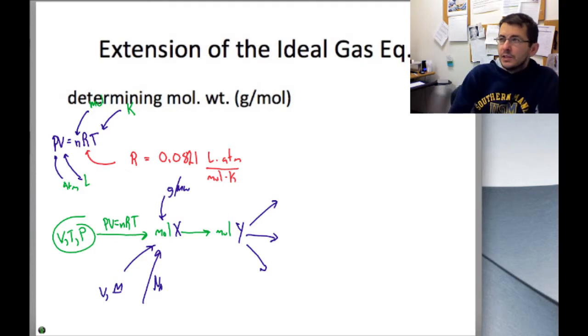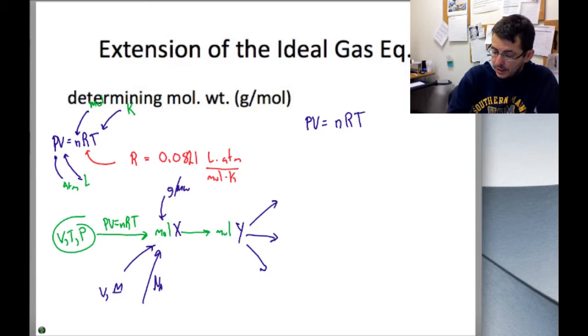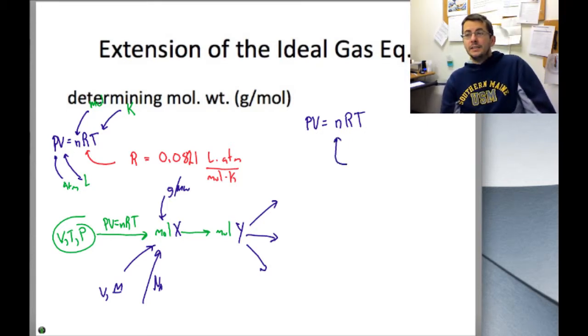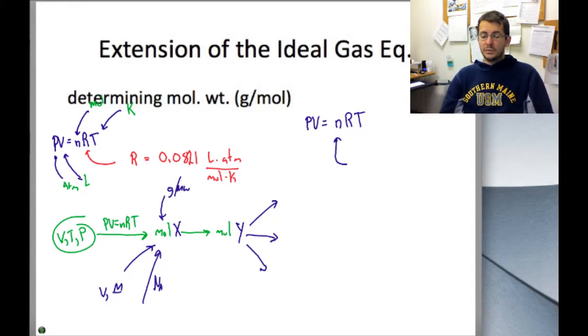But there's another, more subtle way of utilizing it. If we look at the gas law, PV equals nRT, and at the definition of what a mole is, one of the ones we talked about in last week's lecture was that, given a molecular weight and a mass, you can determine the number of moles.